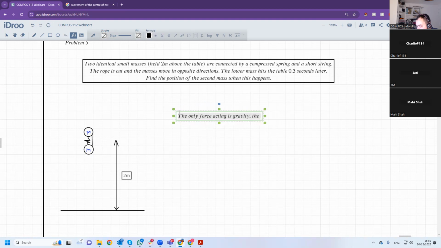The center of mass moves like a point object dropped with zero initial velocity.